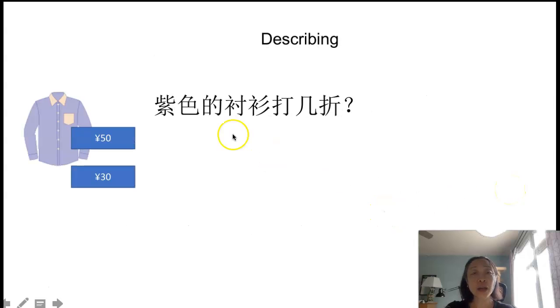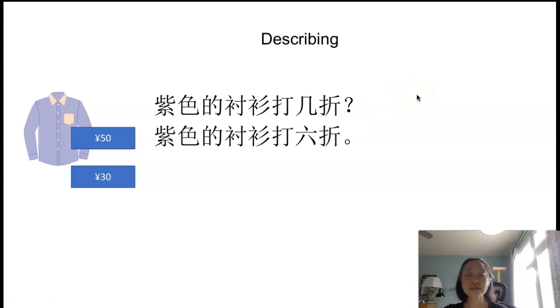Now, if you see an illustration like this, 紫色的衬衫, the original price was 50块. After the discount, the sale is 30块. Now the question is, 紫色的衬衫打几折? Now pause my video, ask yourself this question. 紫色的衬衫打6折.